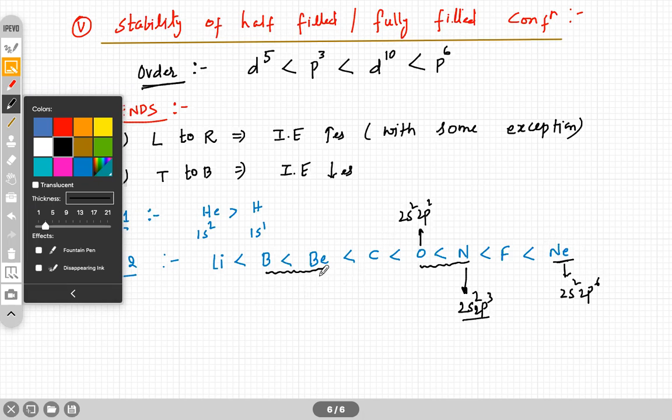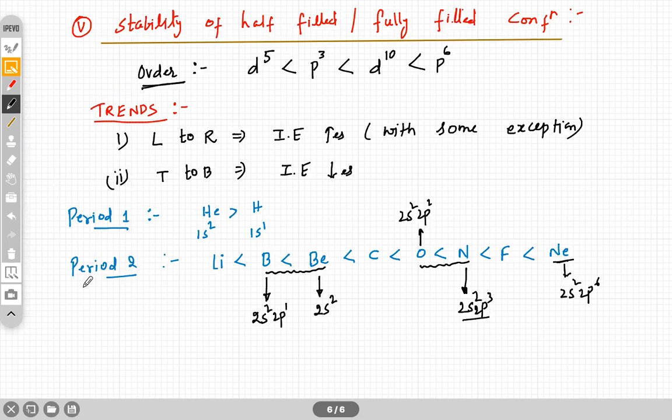Similar thing we have here also. Beryllium has 2s2 configuration outermost, and this one has 2s2, 2p1. So always you see penetration effect, S is more than P, so we have this order. So these are the few exceptions we have in period 2.